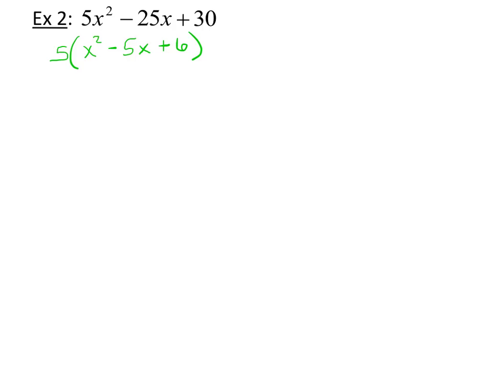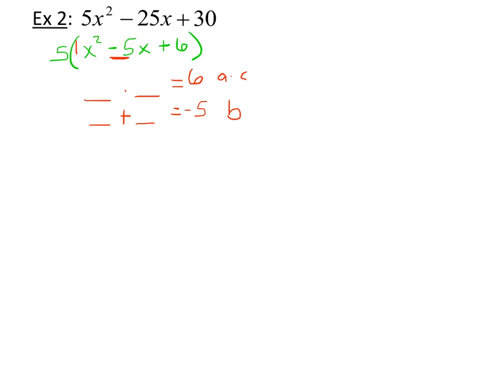Now it's time for blank times blank equals blank plus blank equals. Remember, I'm going to put A times C here and B there. The coefficient of x squared is just a 1. So A times C, 1 times 6 is 6. And B in this case is negative 5. Notice how it's got the minus sign in front of it. It's negative 5.